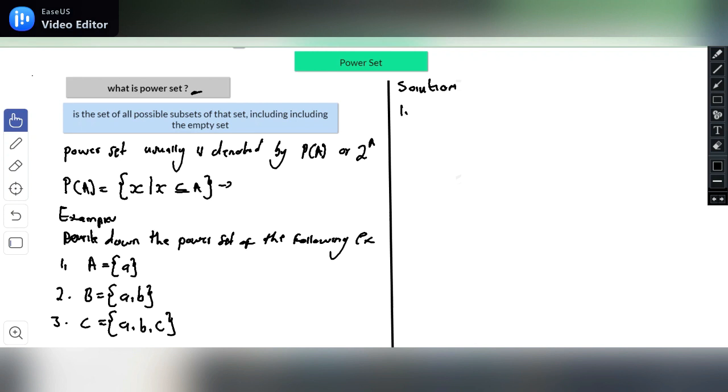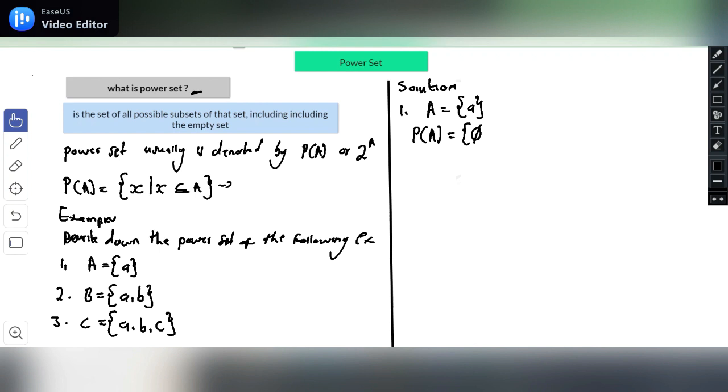The example 1, write down the power set of the following example, which is the set A. It has only one element. So the answer is going to be, we're going to write P(A), which shows that it represents a power set. The first subset that you write is going to be an empty set.